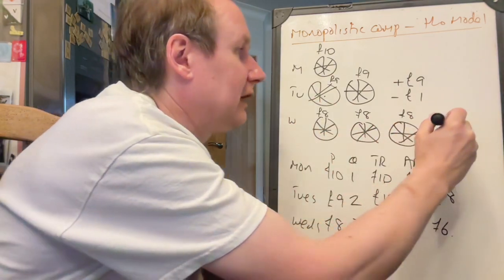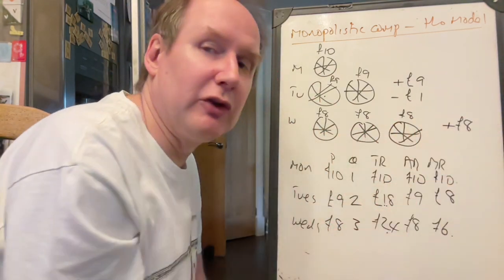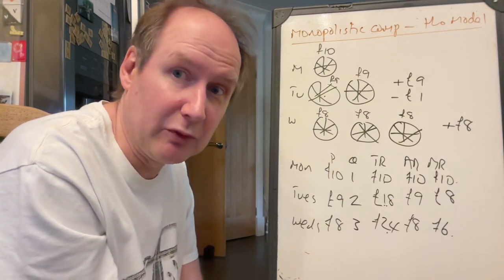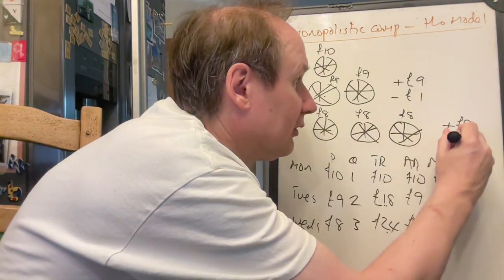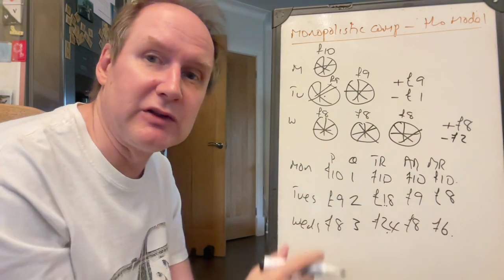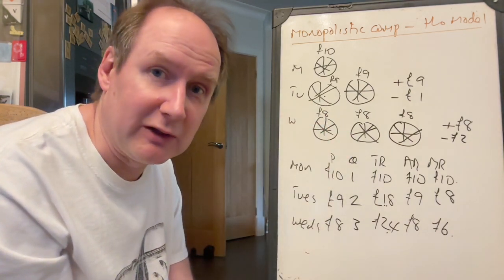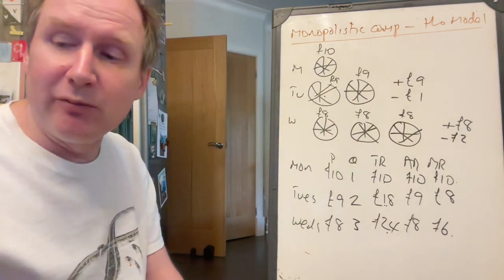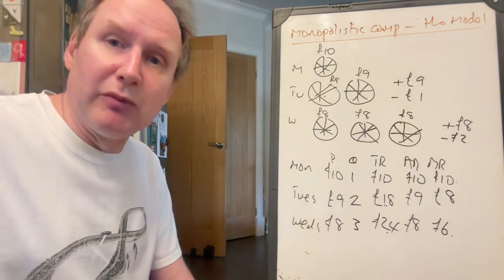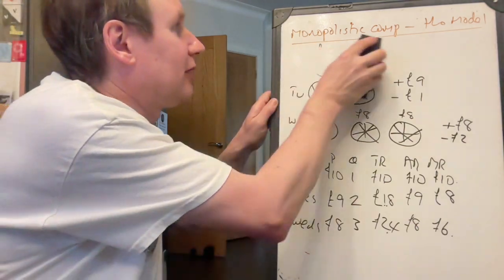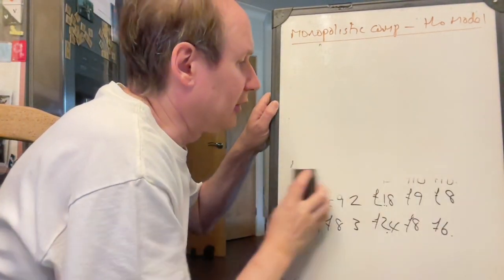So therefore, it gets plus £8 from selling a third pizza for the current market price, but it loses £2 because the other 2 pizzas that yesterday it sold for a higher price are now selling for a lower price.